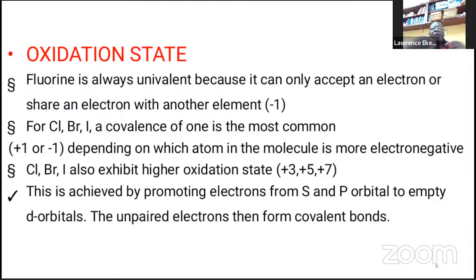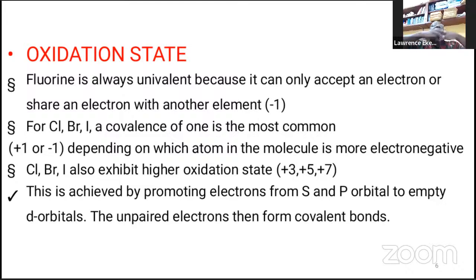So chlorine, bromine, and iodine have the ability to exhibit higher oxidation states, and this depends on their level of electronegativity. Remember, I said electronegativity decreases down the group. So apart from -1, they can exhibit oxidation states of +3, +5, and +7.